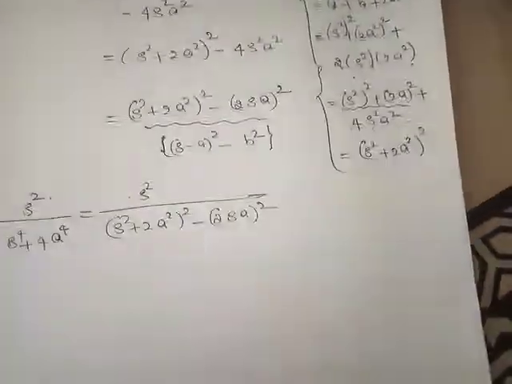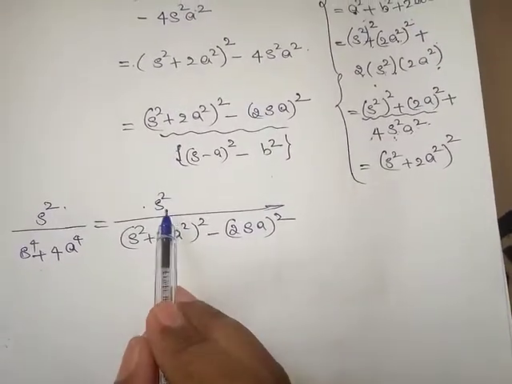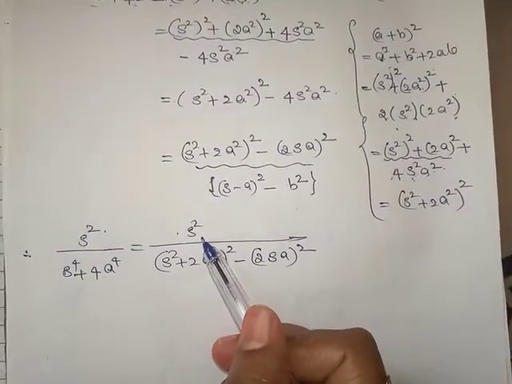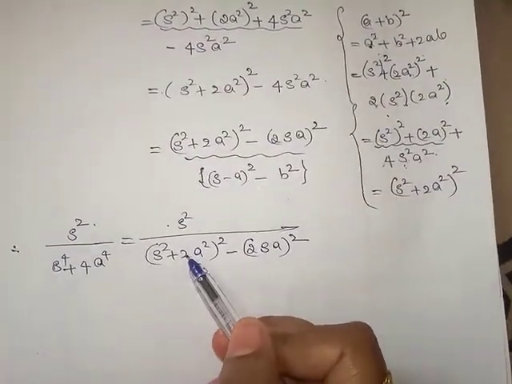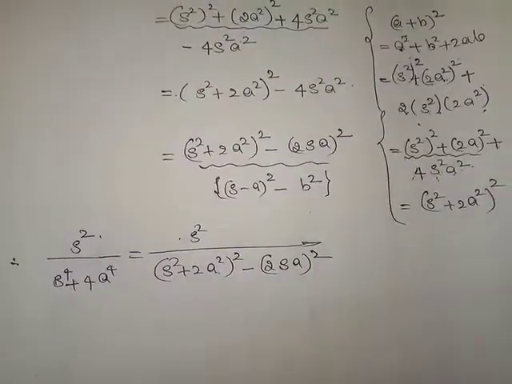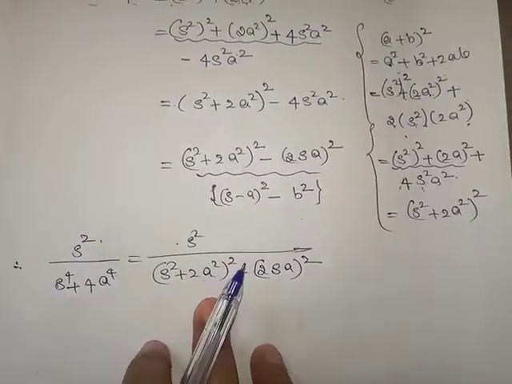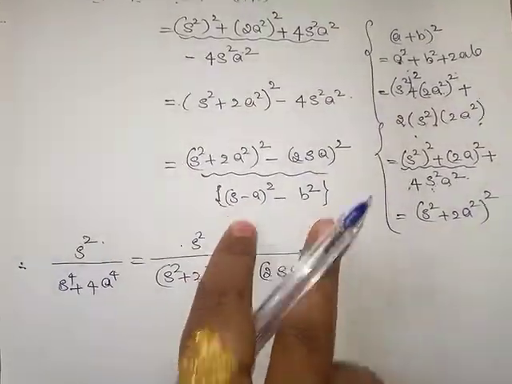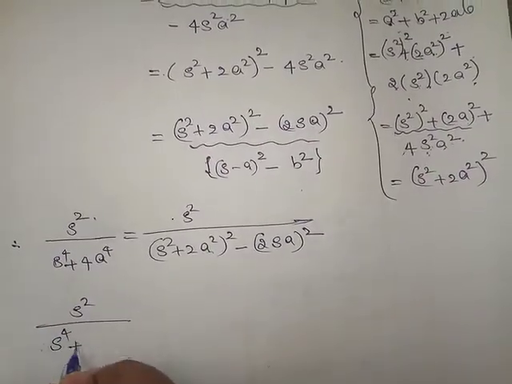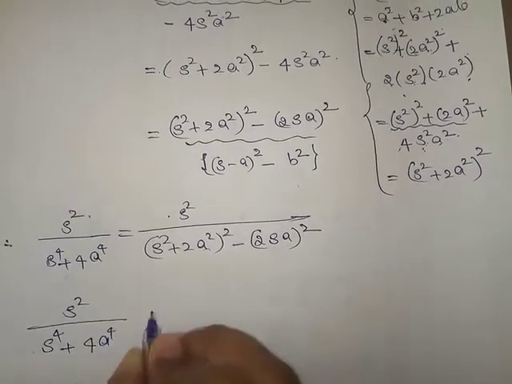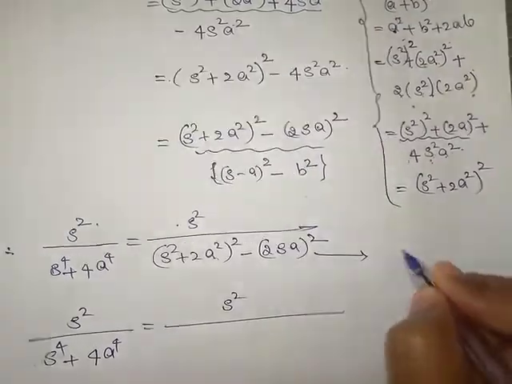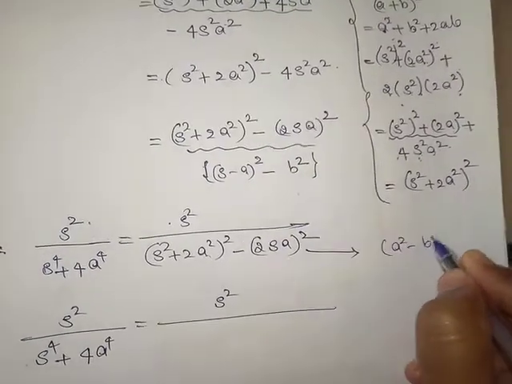After this we have to express the numerator in terms of s minus a. Here the a value is 2a minus 2a square. On seeing these terms we can't adjust the numerator as s minus a, so s square divided by s raised to 4 plus 4a raised to 4 is equal to s square divided by this term, which is of the form a square minus b square.